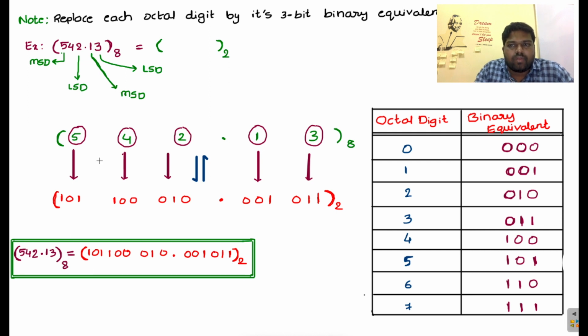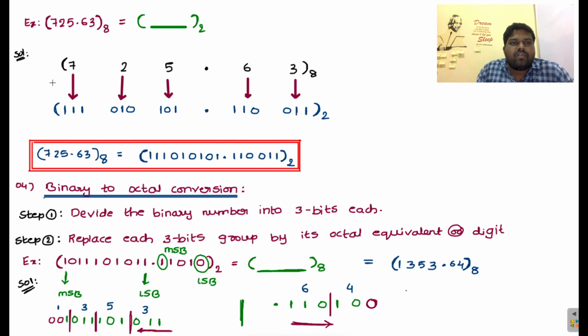We will look into one more example, 725.63 base 8 system. You need to convert it into its binary equivalent. Same pattern: first convert 5, then 2, then 7, that is least significant digit to most significant digit, right to left movement. In the fractional portion, it is left to right, most significant digit to least significant digit.